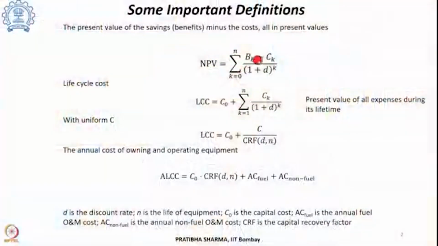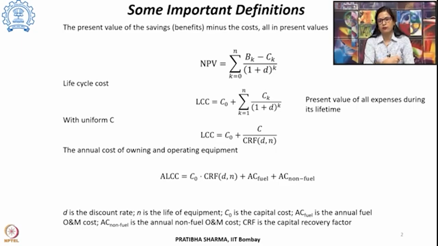So, in order to include that, there are other terms which are used, like the net present value or life cycle cost. Net present value takes into account the savings and the cost. So, savings minus cost, and then in the denominator is the discount rate. Discount rate considers the time value of money.